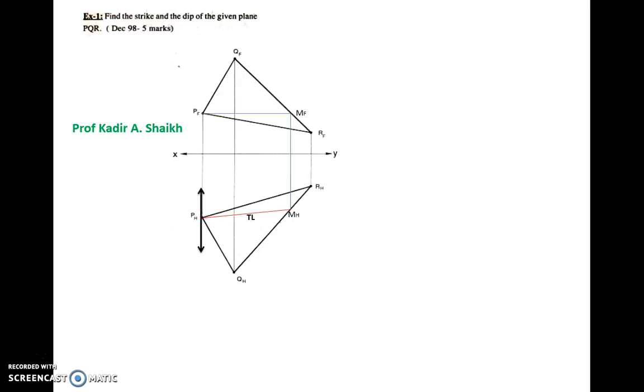Now with respect to P, show the directions north, south, east, west, and with respect to north, measure this angle. This is the strike angle, and now the plane has to move along northeast direction with this angle, and this angle as per calculation is 84 degree. So strike will be north 84 east.